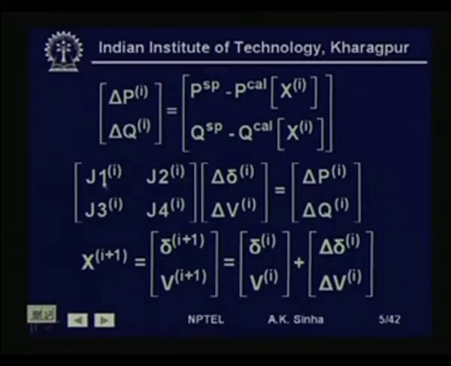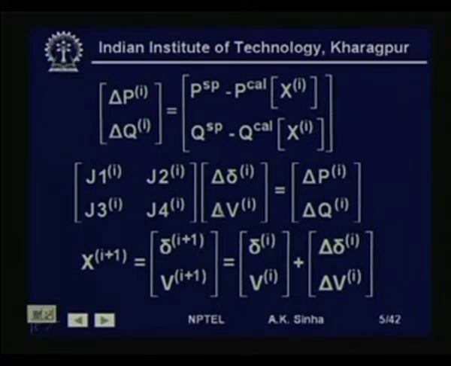So, once we know these matrices, we know this, using the solution for this linear system of equations, A x is equal to b kind of a system, we can solve for this x, and this x is given by this.